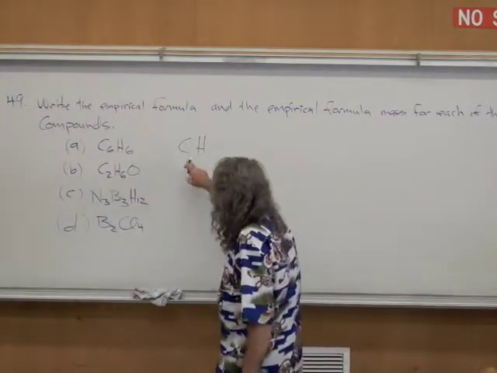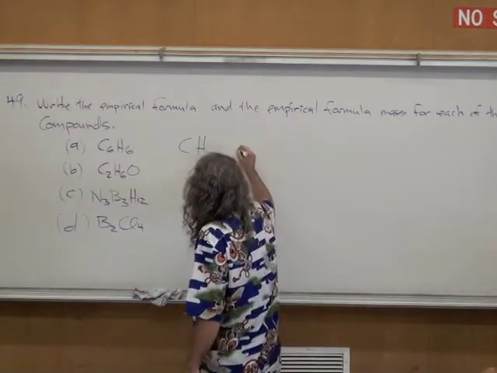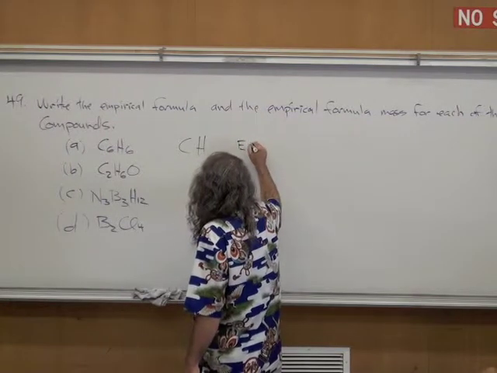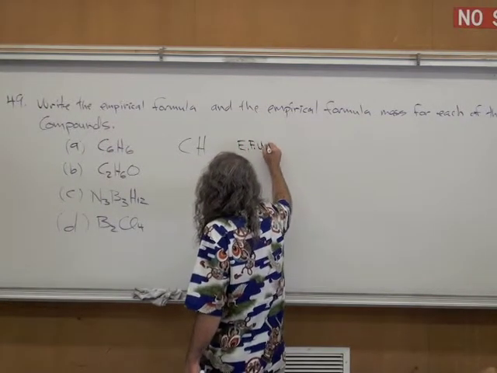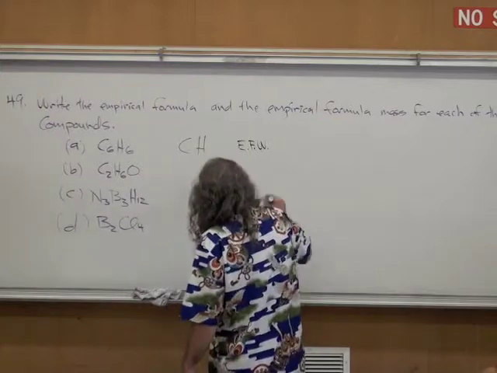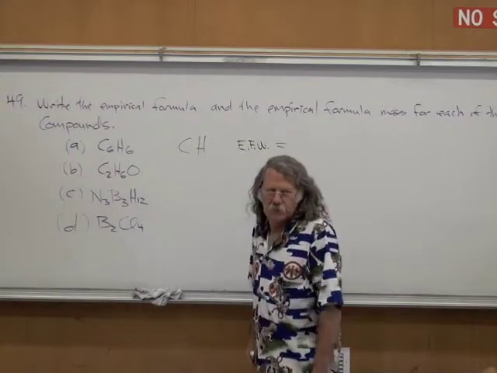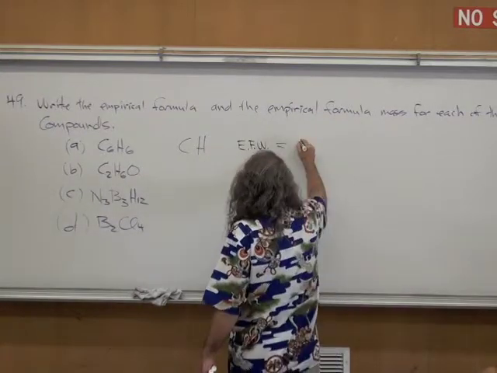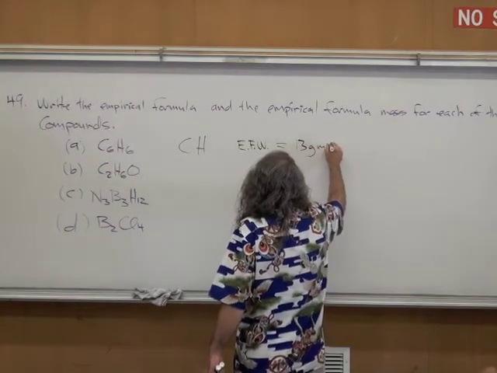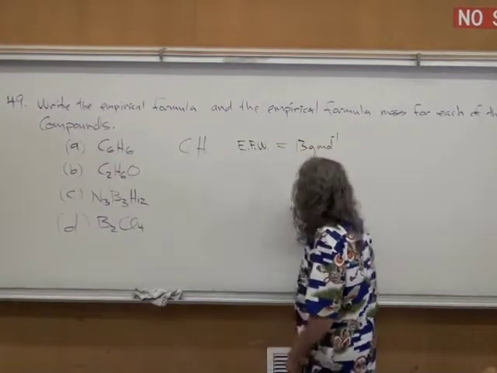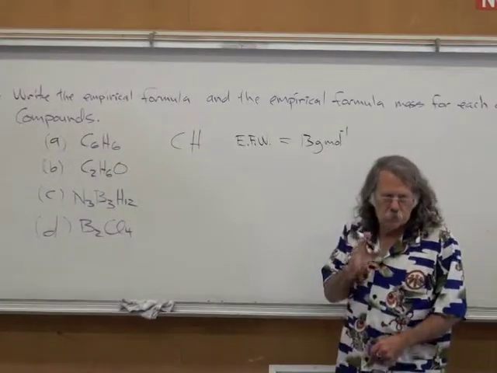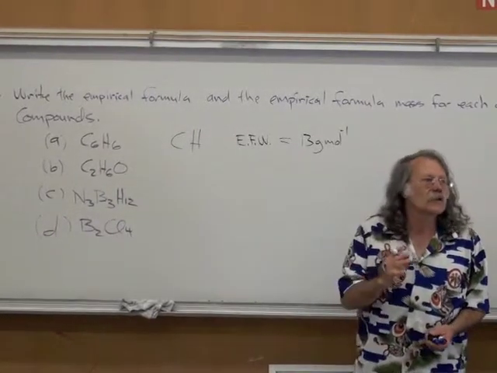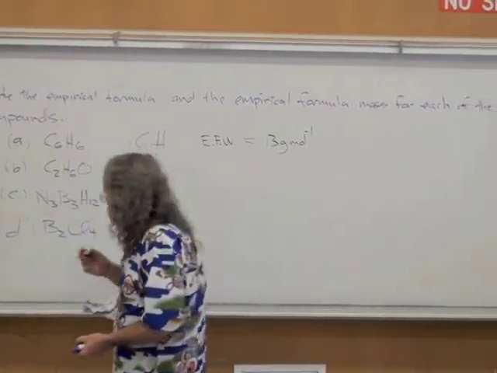So that'd be 12 plus 1, 13. So that's the empirical formula, and the EFW, empirical formula weight, would be around what? 12 and 1, around 13 grams per mole. And that 13 almost looks like a B, so try to write clearly. Okay.